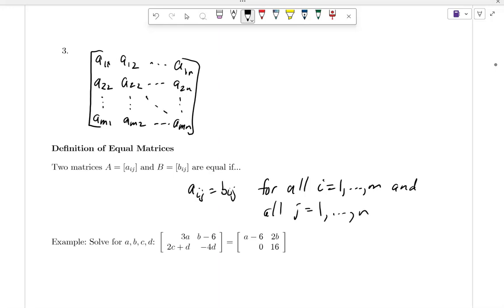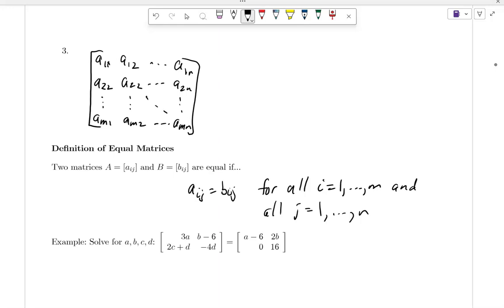So if I think of my matrices A and B as being m by n matrices, well, they better have the same dimensions if they're going to be equal, right? So I probably should write that down as well. But we want to make sure that all of the entries are the same. So the i runs down your rows. And if I think about these as being m by n matrices, then my rows are going to go from 1, 2, 3 down to m. And my columns, if I said m by n matrix, will go from 1 to n across.